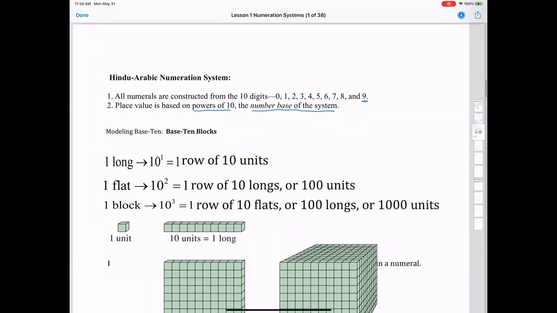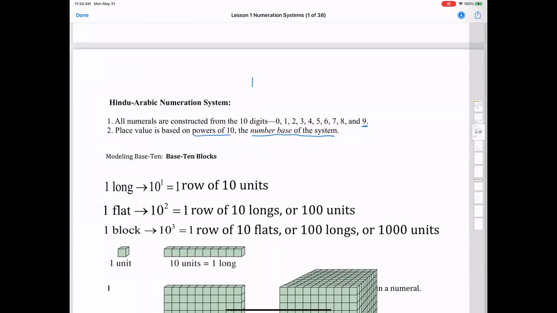So for instance, if I'm going to write 1,234 using expanded notation, it means that I have one group of 10 to the third plus two groups of 10 to the second. 10 to the second is 100.